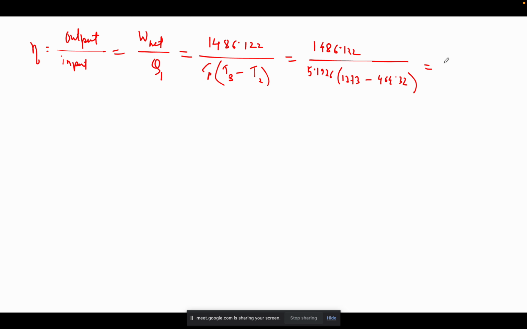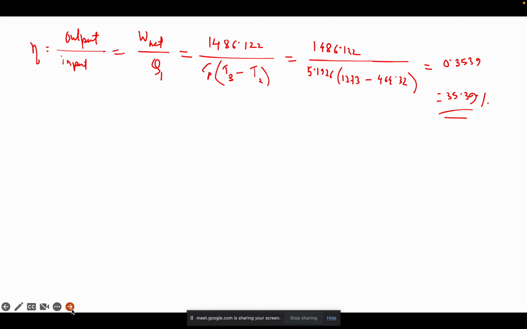So the efficiency is 0.3539, that is 35.39%.